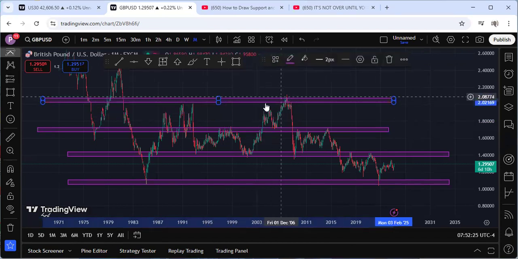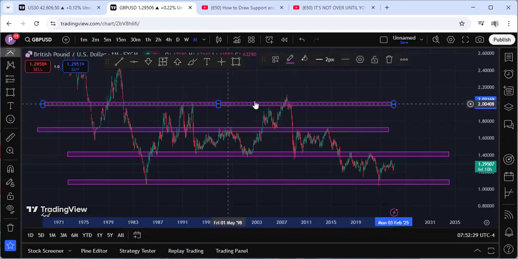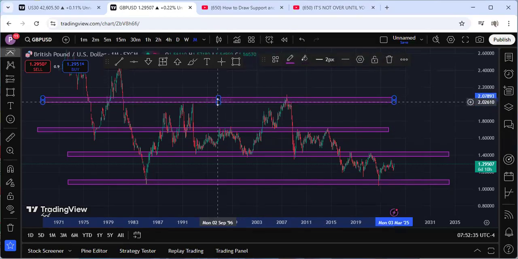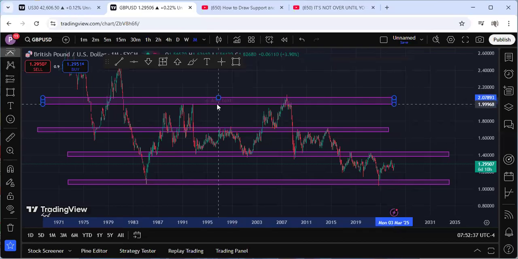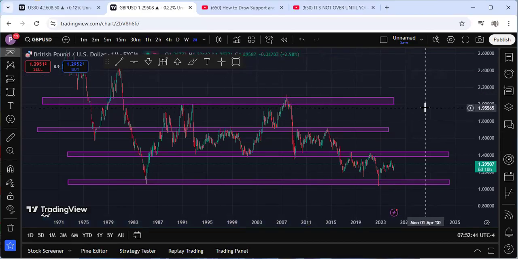These are key levels. All right. These are key levels I have mapped out.